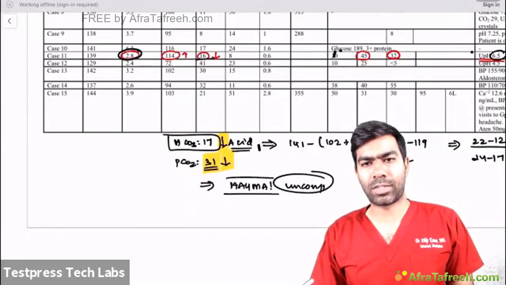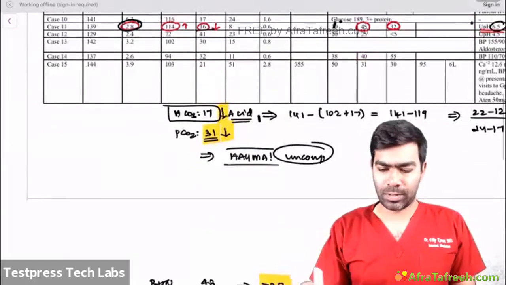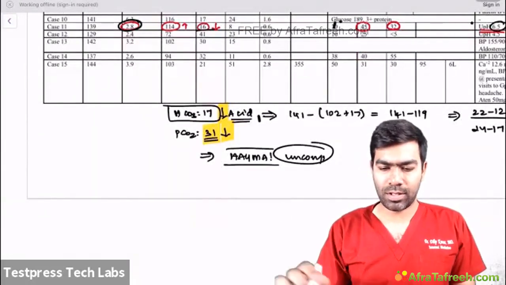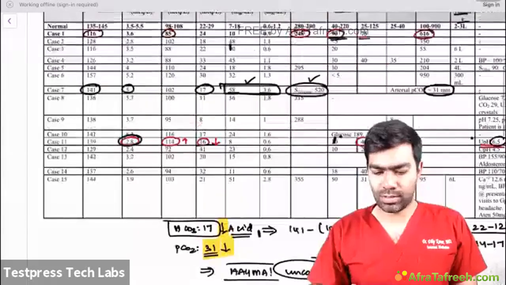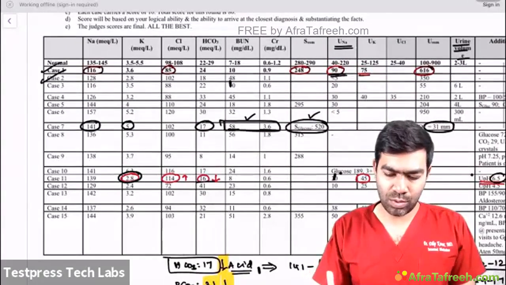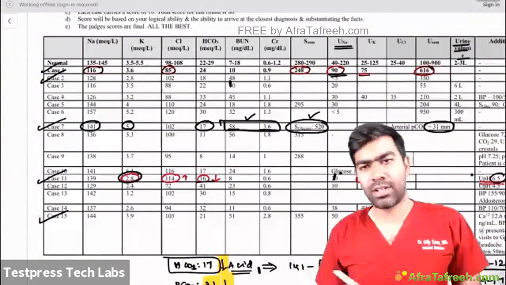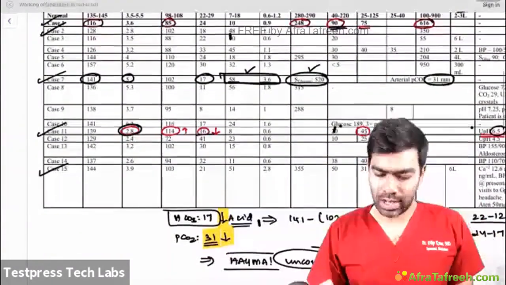Clear? Fine. So any other case you want me to tell? We have finished case 1, case 2, case 7, case 11, case 15. I have done it myself. Any other thing you want?